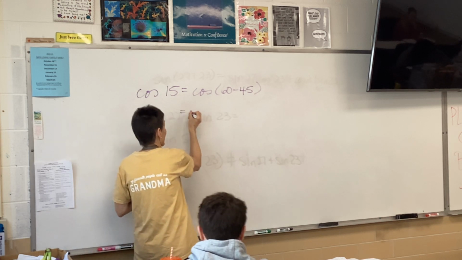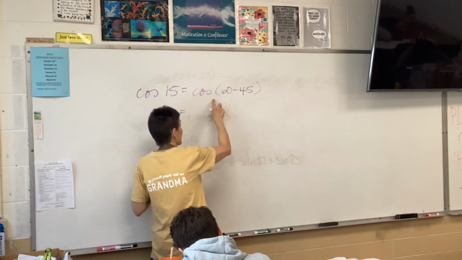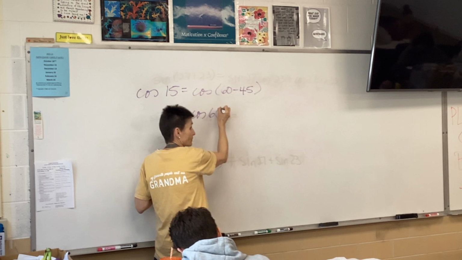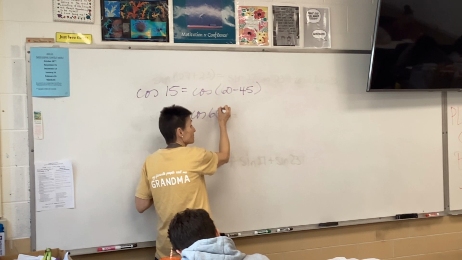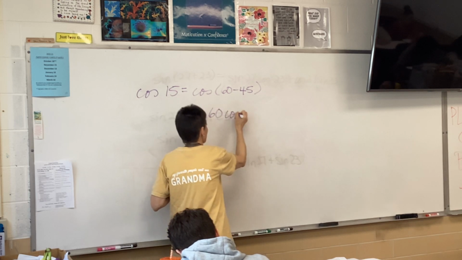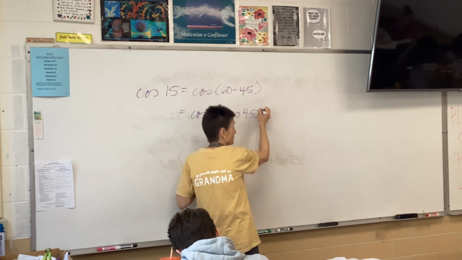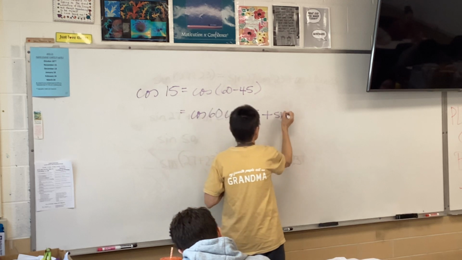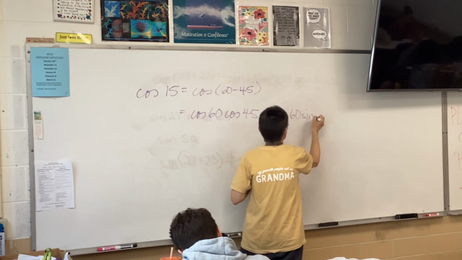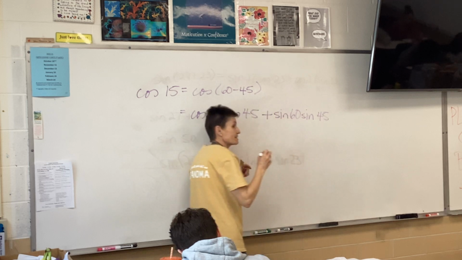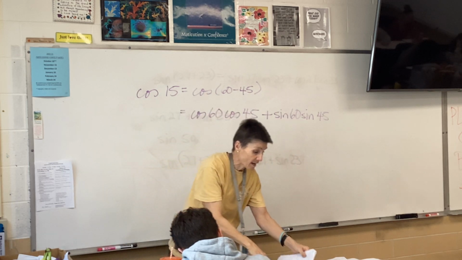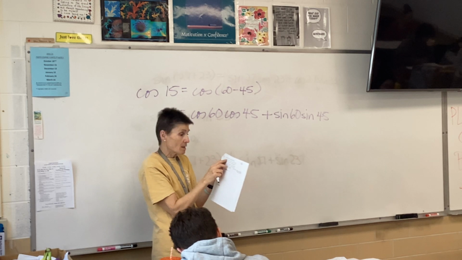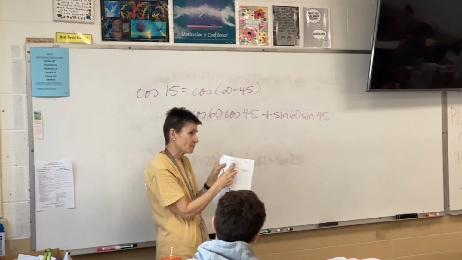Now what does our cosine formula say? Cosine of a difference says take the cosine of the first times cosine of the second plus sine of the first, sine of the second. Now, look at the sine formulas real quick. When it's sine alpha plus beta, the formula has a plus in it.